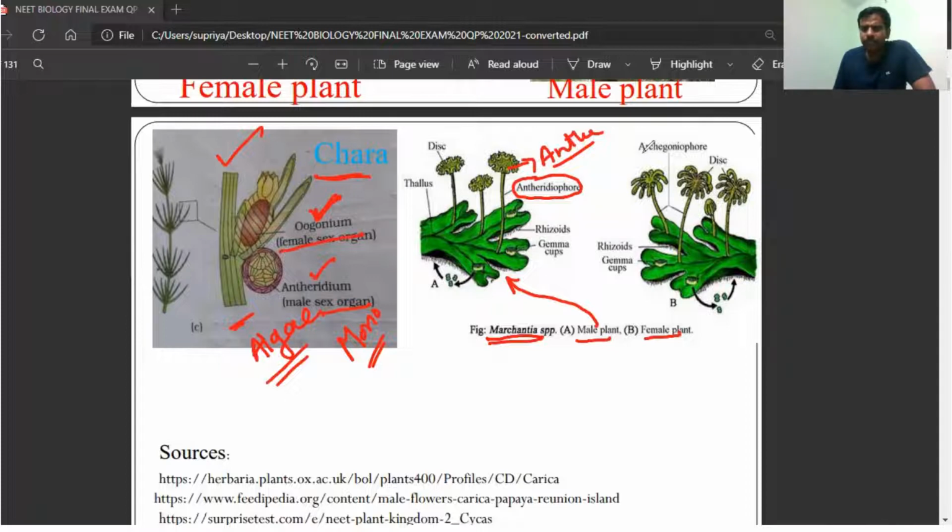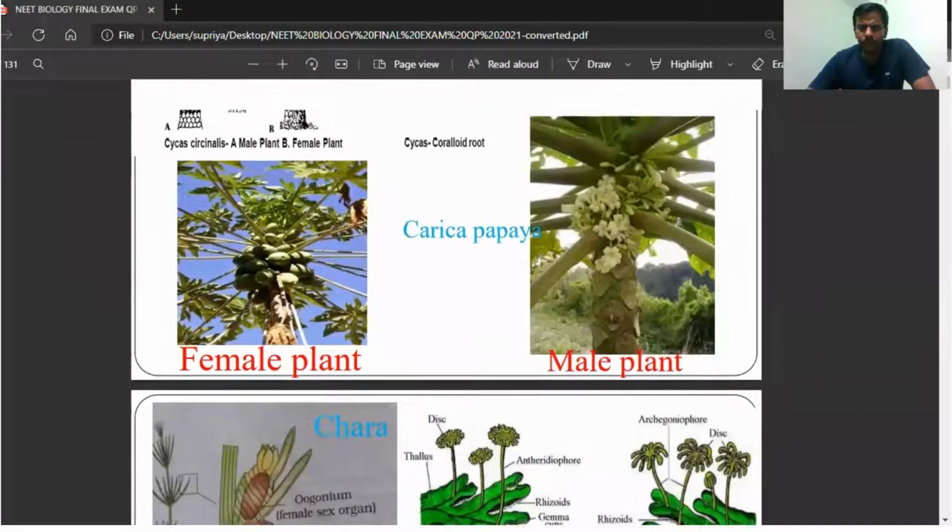The female gametophyte bears archegonia. Archegonia produce ova, and antheridia produce sperm, the male gametes. So Marchantia polymorpha is also not a monoecious plant. This is also dioecious.